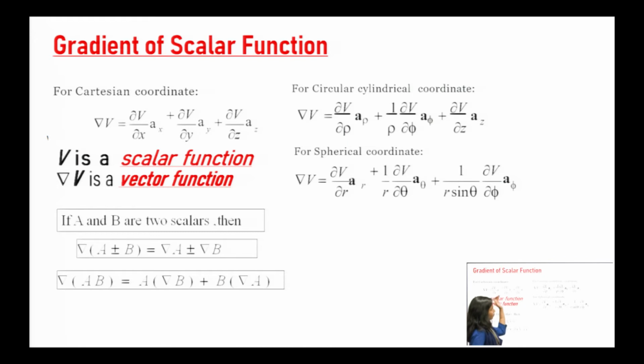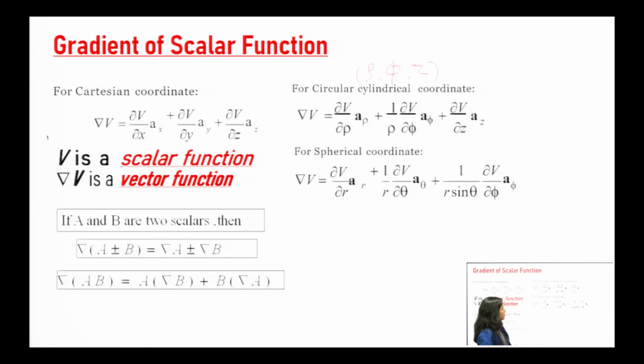Similarly, for cylindrical coordinate also we can define gradient as dV by d rho, because any field or any point, any vector in a cylindrical coordinate can be defined with the help of three parameters, that is rho, phi, z, where rho is nothing but the radius and phi is the azimuthal angle and z is the height of the cylinder.